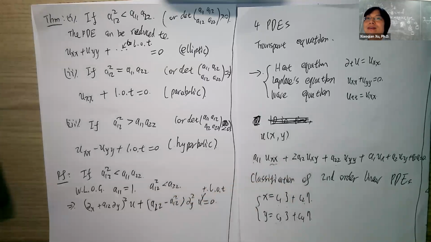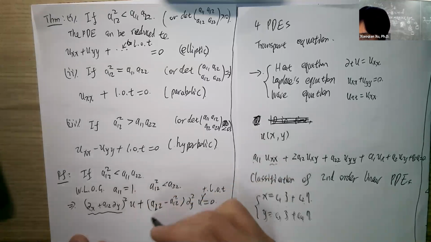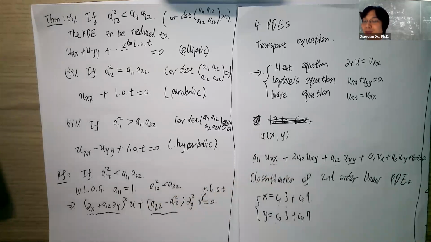So this means if we do some change of variables based on these two terms, we are done, right? We can make it like an elliptic equation, a Laplace equation.